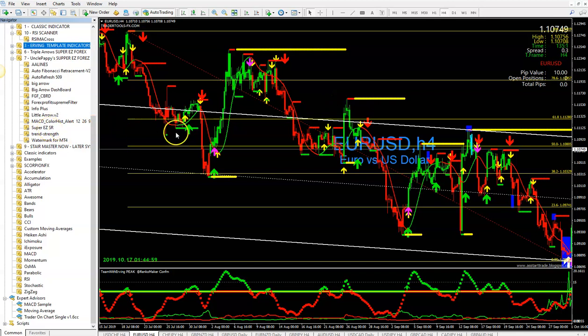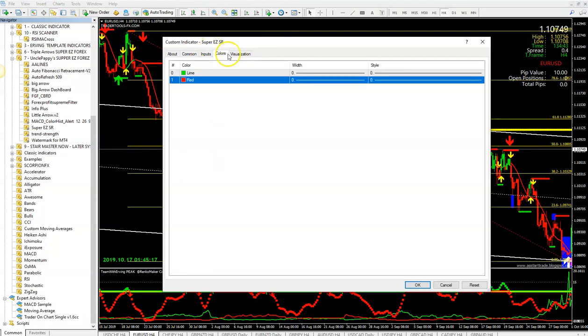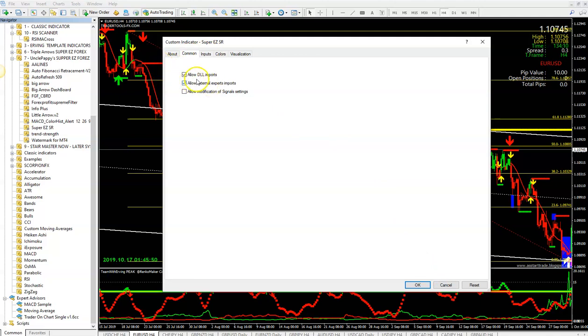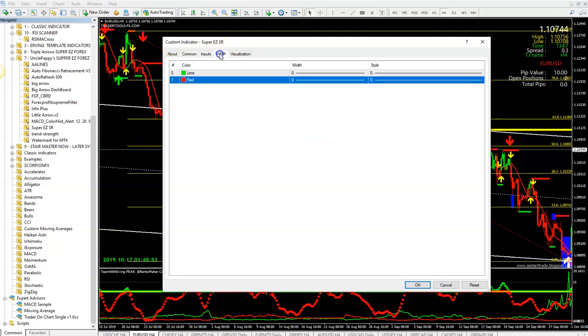So if you want to add it to 4 hours, for instance, by default it's going to come as lime and red, and then you go to your input, and it's going to have 4 hours. If you click on 4 hours and then drag the arrow down, it should have all the time frames. What I suggest everyone to do is only add from 4 hours to monthly. All right, that's all you have to do, nothing else. And make sure you allow your DLL imports, otherwise it's not going to work properly.